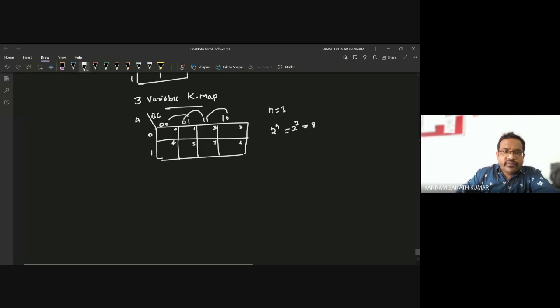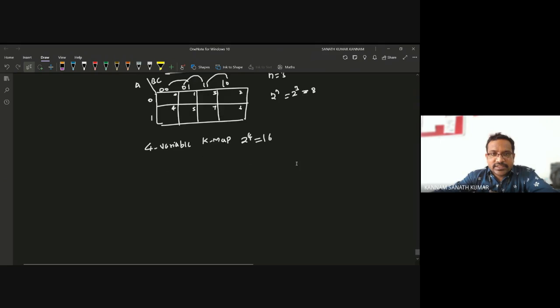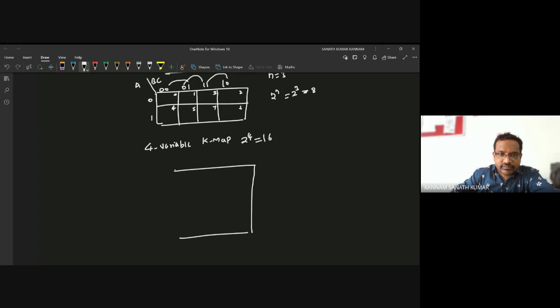And the next, the 4 variable K map. 4 variable K map, 2 power 4, that means in total you have 16 cells.